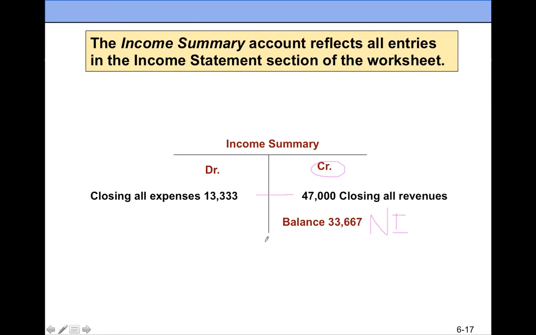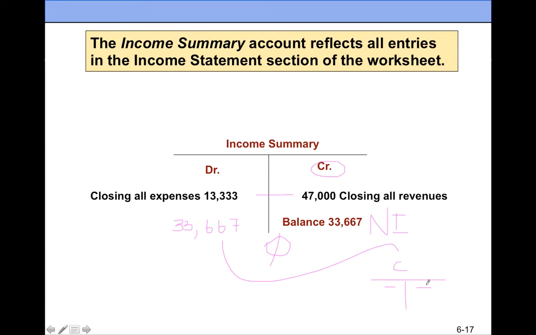I don't need this account, so I need to zero it out. I'm going to debit this account by the amount of net income, 33,667. So when I debit income summary, it goes down to zero. And I'm going to move it as a credit into my capital account. And it makes total sense.